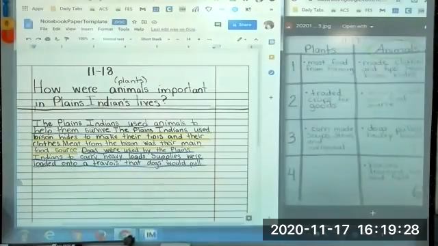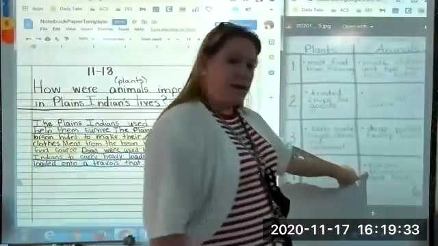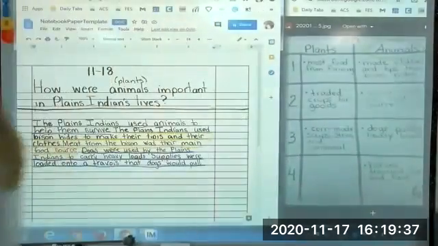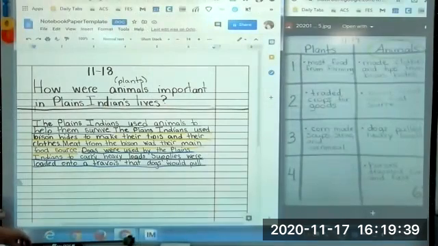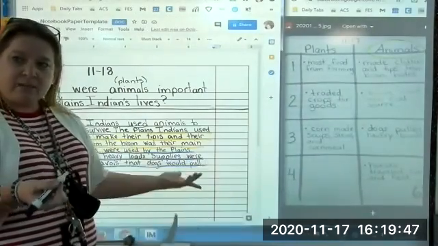Okay, now I need to go back to my chart and go to my third animal, horses. Horses traveled far and fast. So again, I do need to start down here this time because there's not enough room on this line for me to write horses.